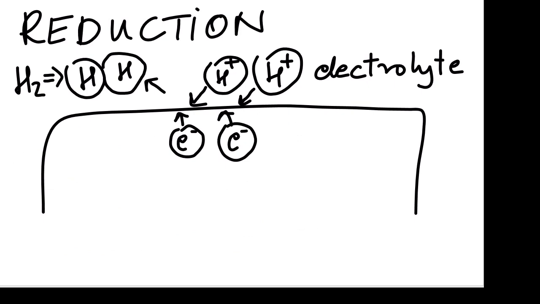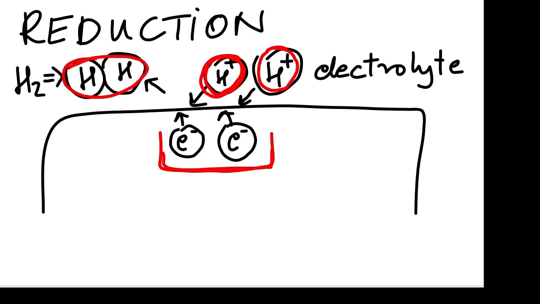Here you have a scheme of the reduction reaction. There is an excess of electrons which are taken by every single hydrogen. This is of course an example of the reduction of the hydrogen ions. Every single cation of hydrogen consumes an electron, and there is a creation of the particle of hydrogen.